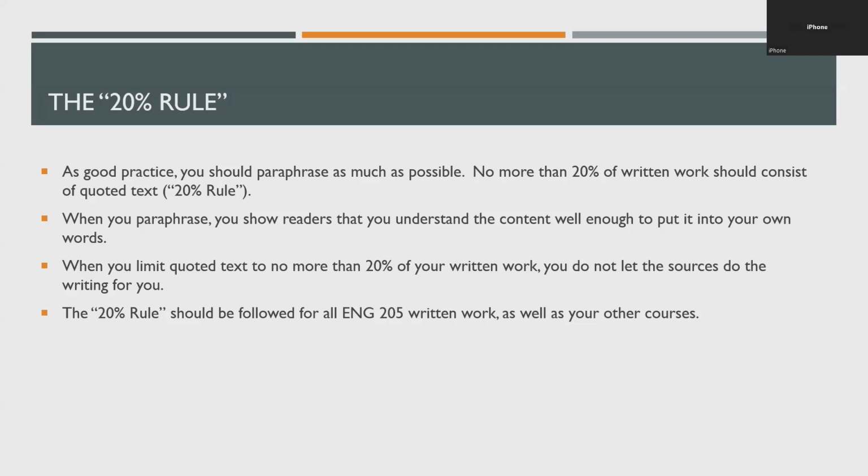We want to mostly put things in our own words. So if you pull up your Turnitin report and it shows that 25% of your essay matches other sources, that's a good indicator that you might need to go in and paraphrase some of the things that you were quoting. So that's the 20% rule. We don't want more than 20% of a text to be quoted.